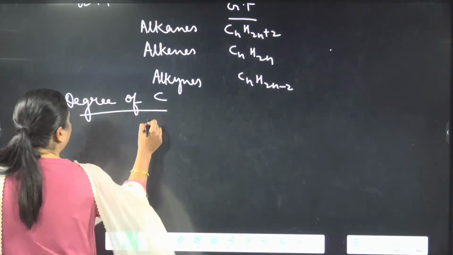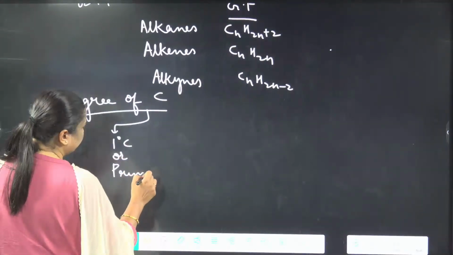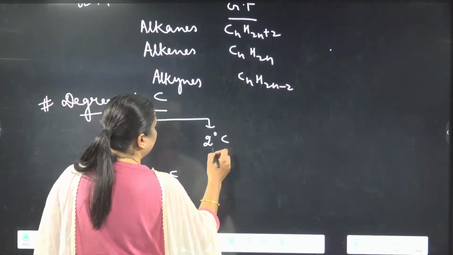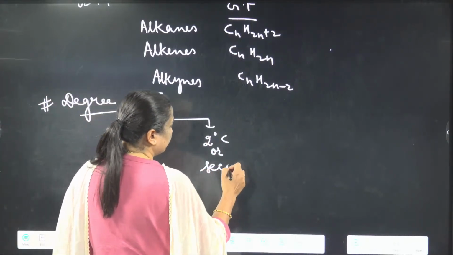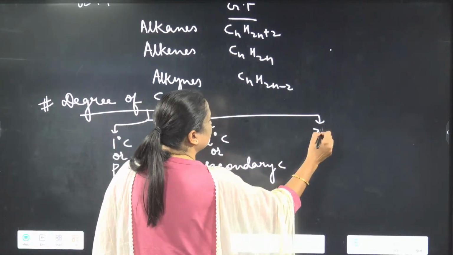Okay. So when it comes to primary carbon or 1 degree carbon, then you are having secondary carbon. Then you are having tertiary carbon.